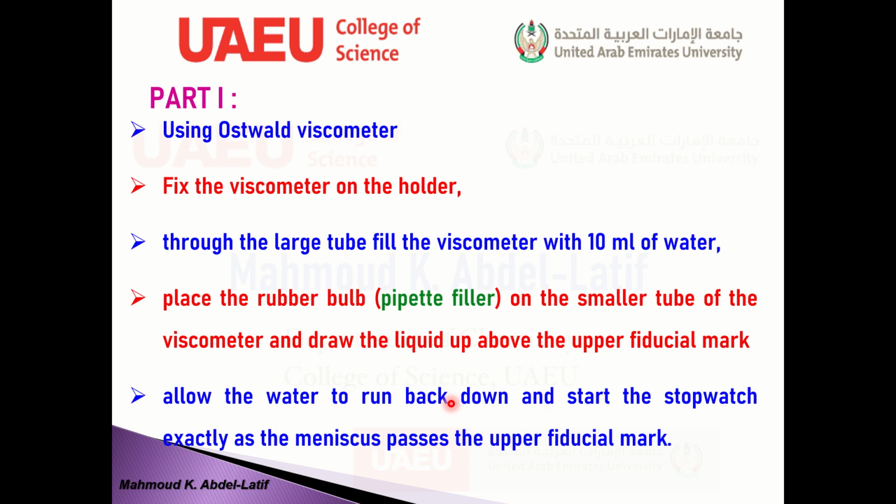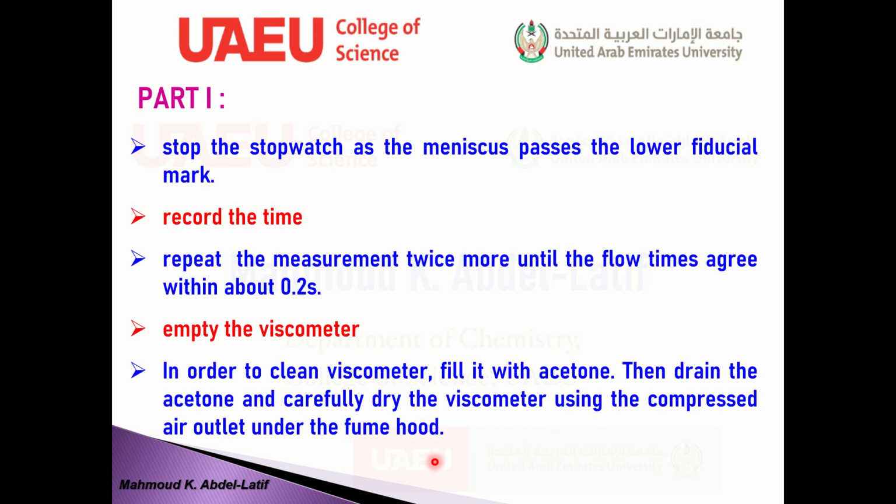Allow the water to run back down and start the stopwatch once the meniscus passes the upper fiducial mark. Then stop the stopwatch as the meniscus passes the lower mark. Record the time, and repeat the above steps twice until the flow times agree within about 0.2 seconds.